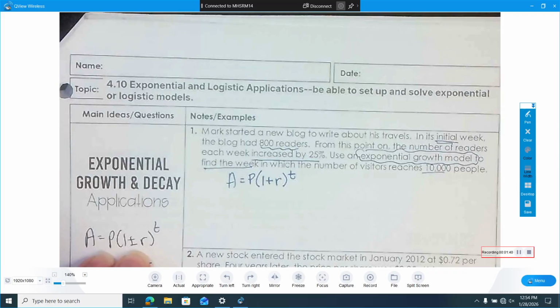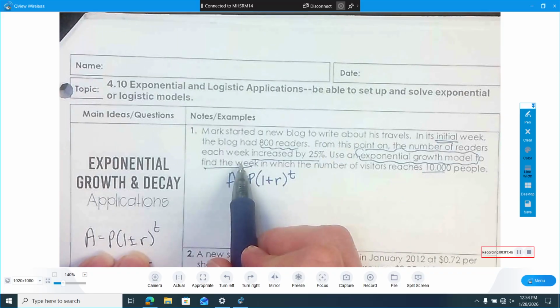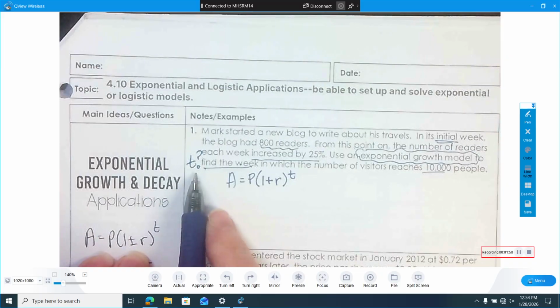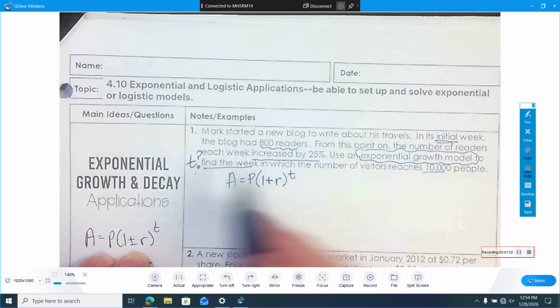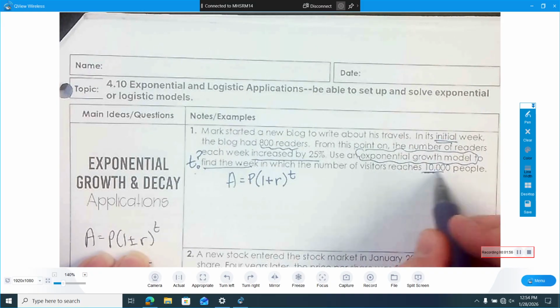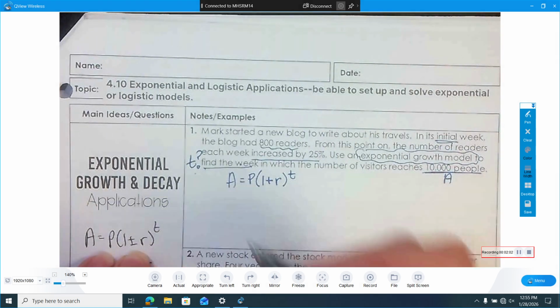So we're going to use our exponential growth model, and we are trying to figure out the week. So find time. We want to figure out what the time is. And when the visitors reach 10,000 people, so where does the 10,000 people go? That's the A, yeah. So we want to know when we get to the amount of 10,000 people.